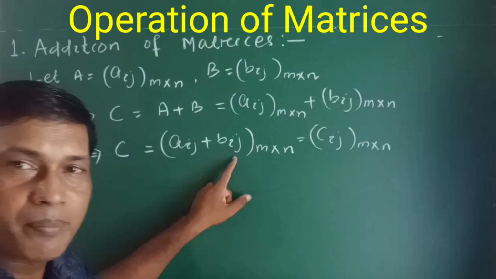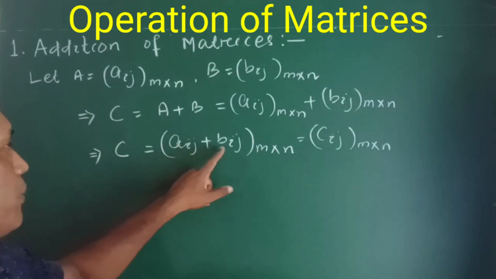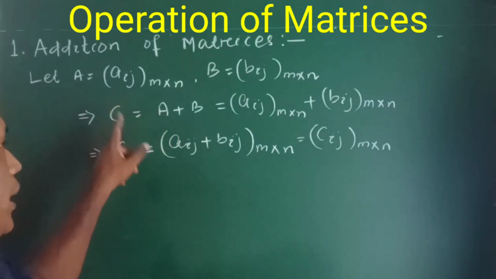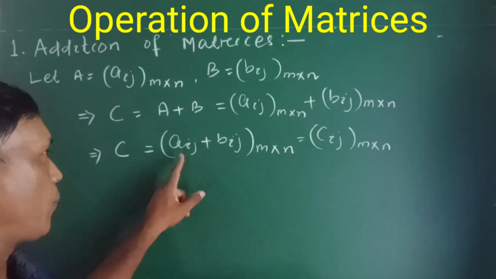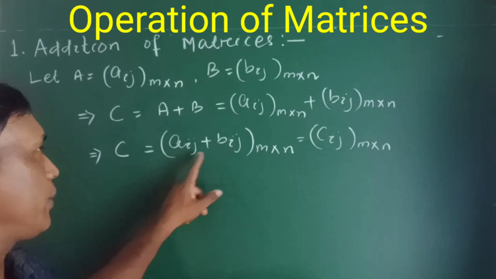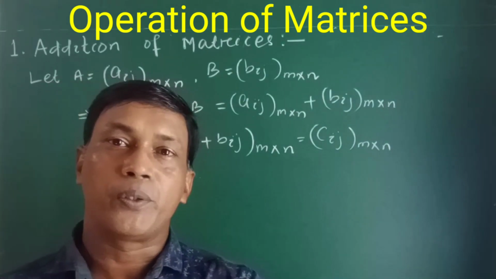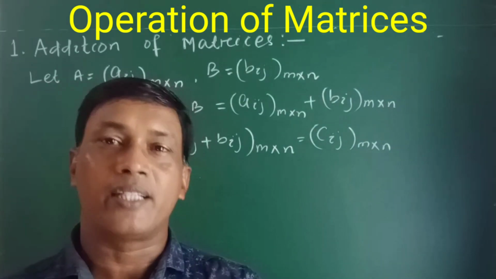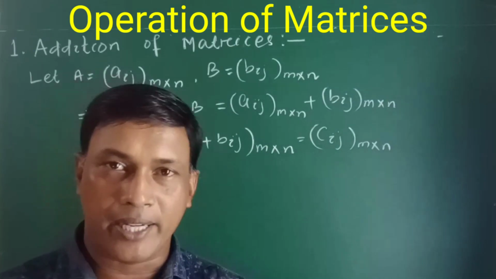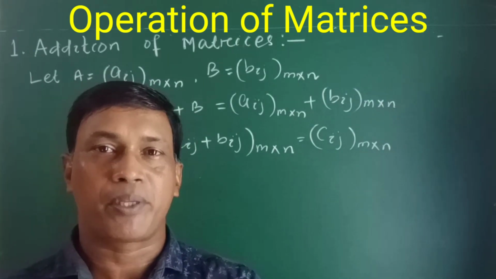Their corresponding elements means Aij with Bij, that is A11 with B11, A12 with B12, A13 with B13. So if the order of two matrices is the same then the two matrices can be added by adding their corresponding elements.